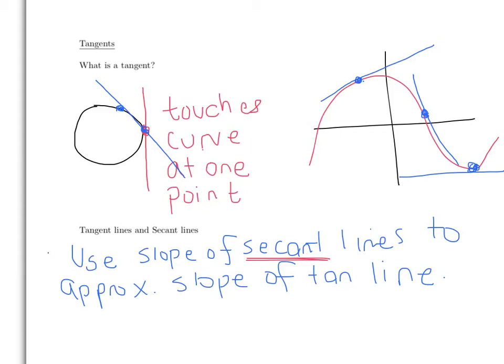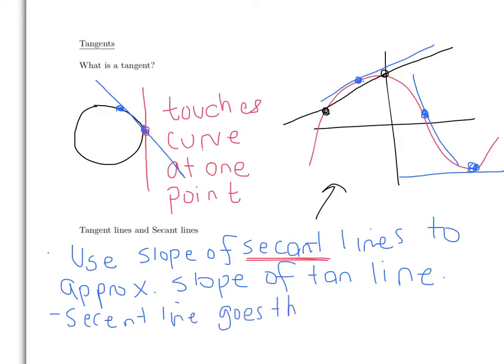If I take this point and this point, I could draw a secant line through those 2 points. So a secant line goes through 2 points. Okay, and so the idea is that we're going to use secant lines to approximate these tangent lines.